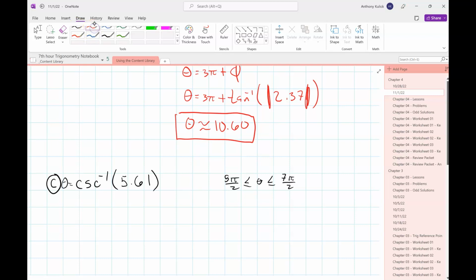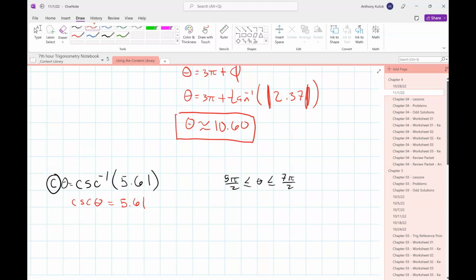Do we have a cosecant inverse button on our calculator? No. So we're going to have to figure out how to resolve that piece. Okay? So we'll start the same way. I can say that cosecant theta is equal to 5.61.